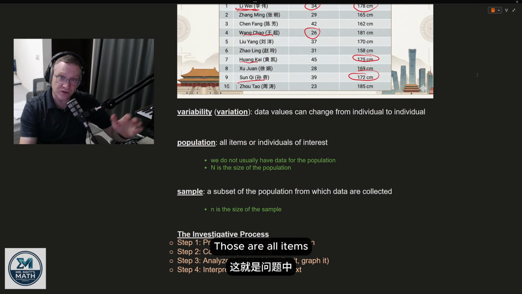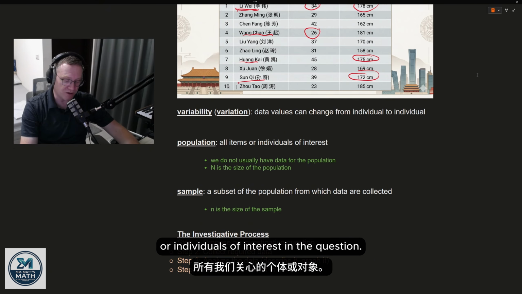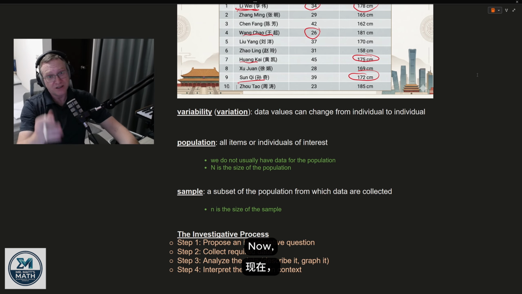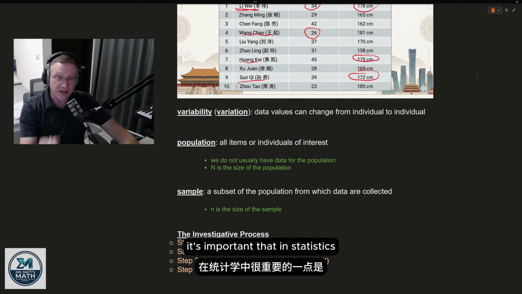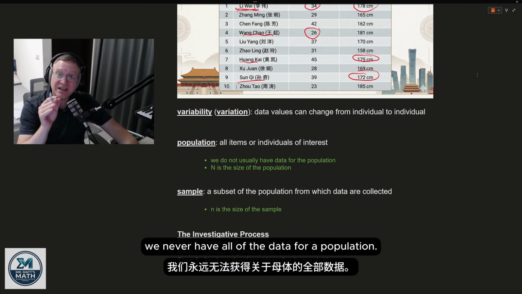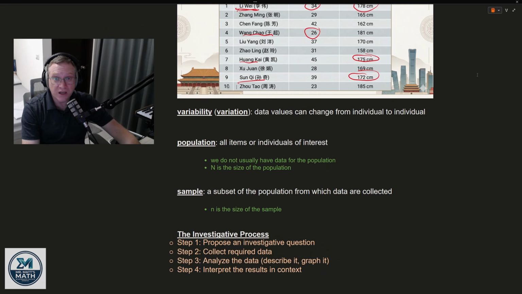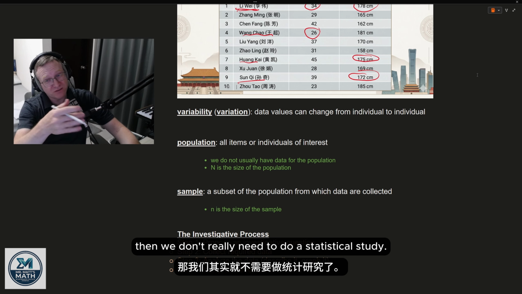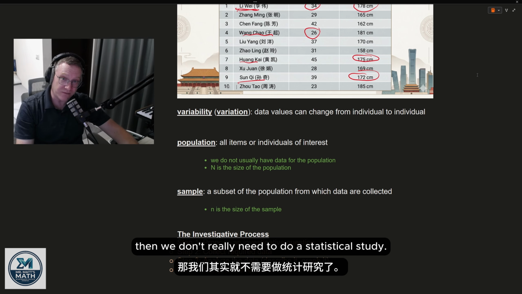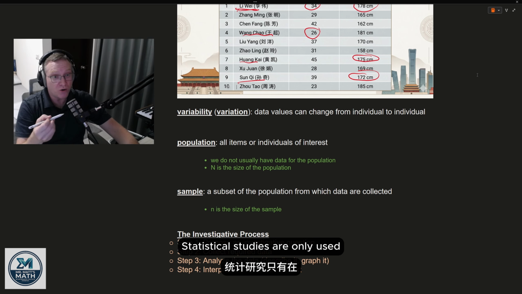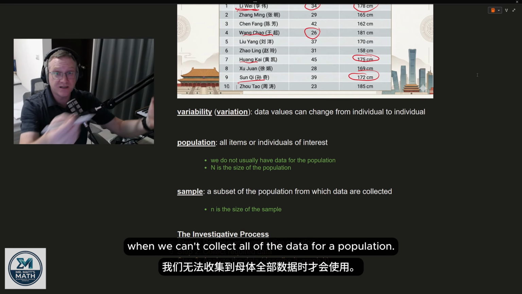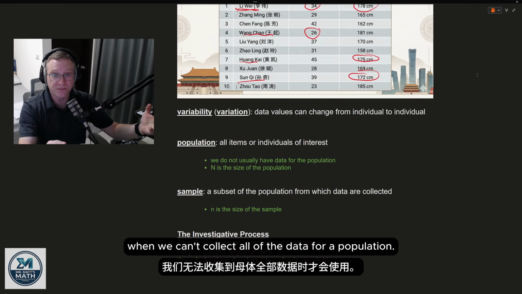Those are all items or individuals of interest in the question. Now, it's important that in statistics, we never have all of the data for a population. If we did, then we don't really need to do a statistical study. Statistical studies are only used when we can't collect all of the data for a population.